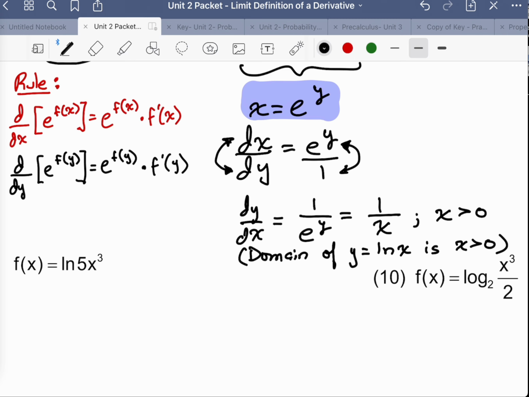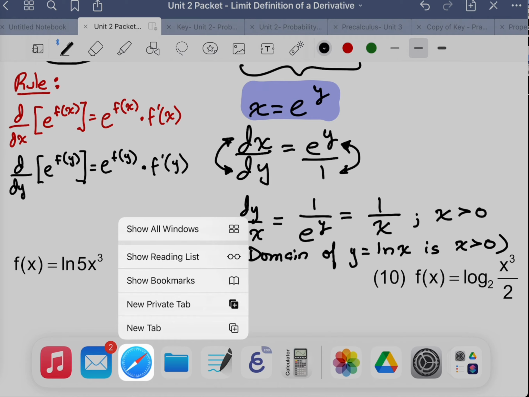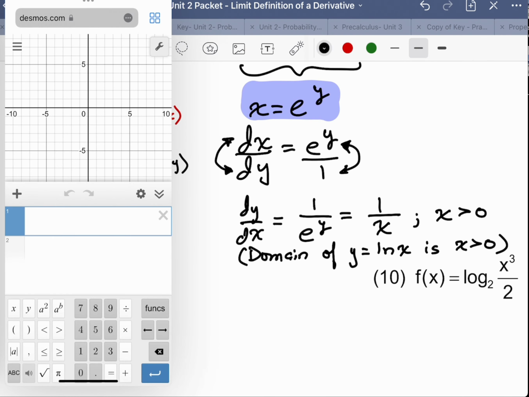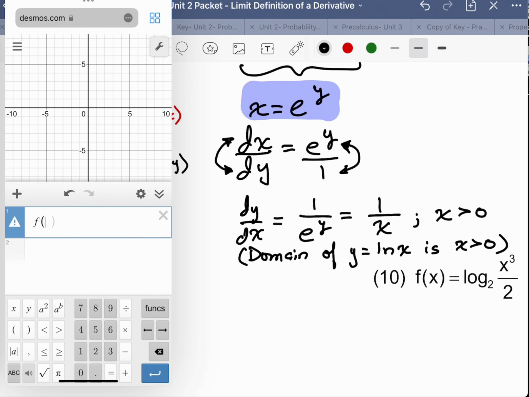All right. So let me just pop this up on Desmos and show you the bits and pieces here. All right. So we have y equals, well, I'll actually do f of x equals ln of x.